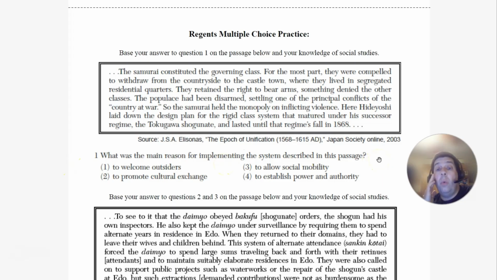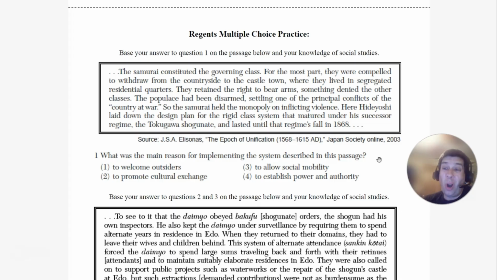Okay, so this one here is not entirely text dependent. The biggest reason we're going over this is you can eliminate certain choices using some clues, right?